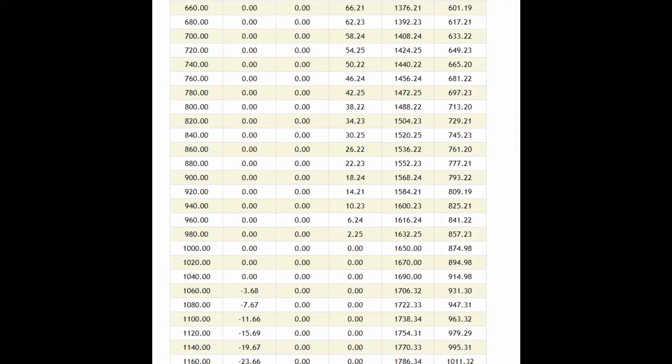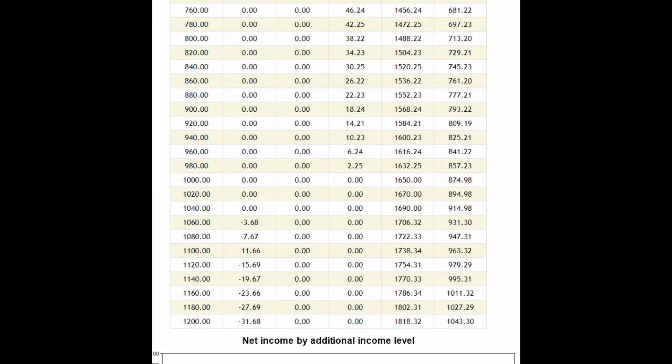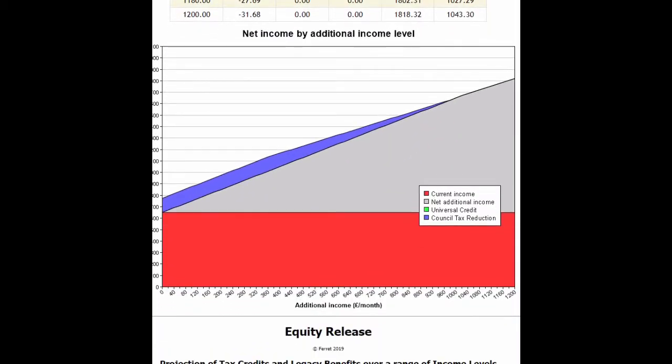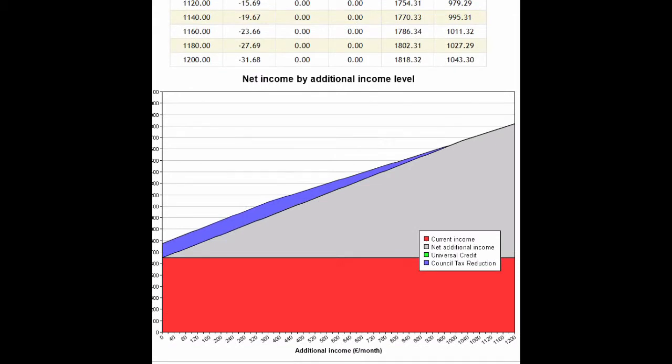We follow that through, and we see the result being an increase in real income for this couple from the equity release income product, offset only by the council tax being gradually tapered away.